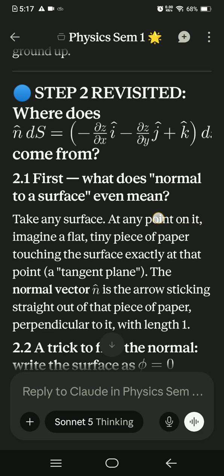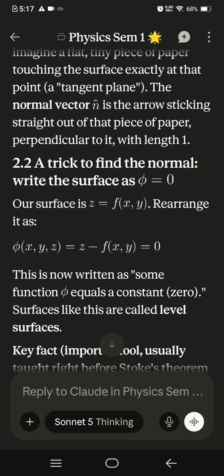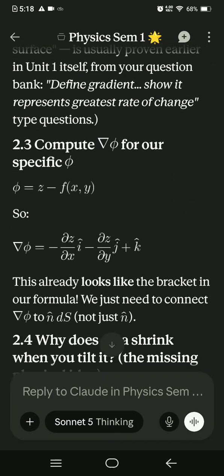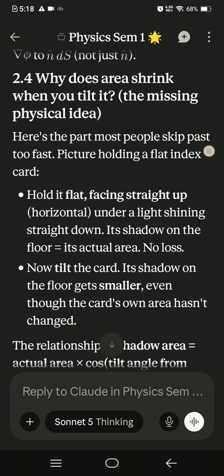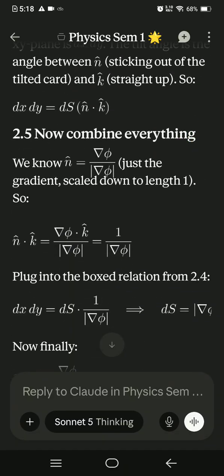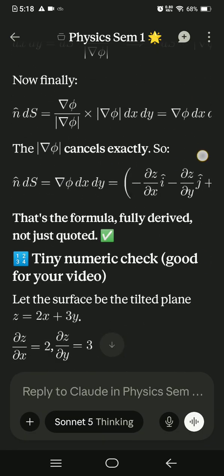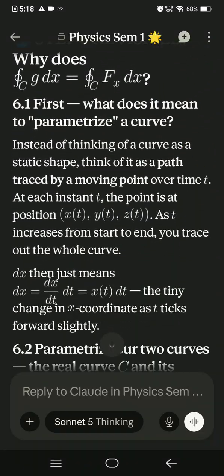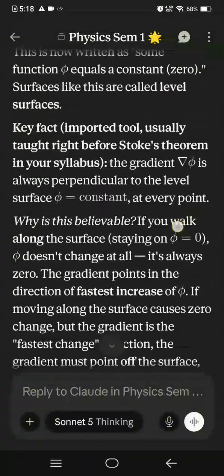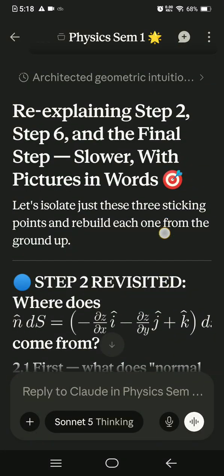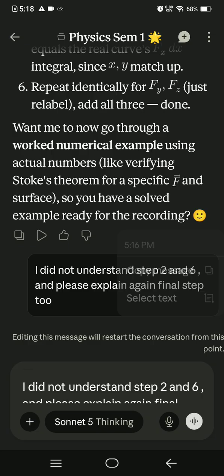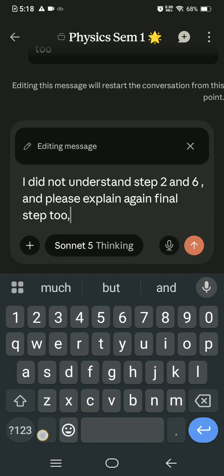What is this? Should I mention what I want to know? Simpler.